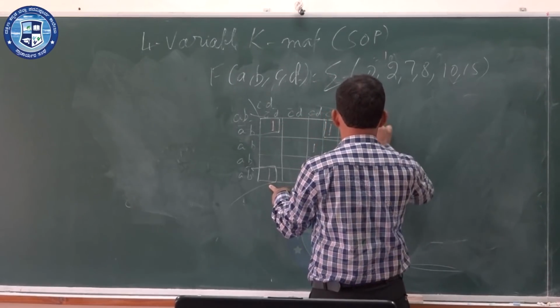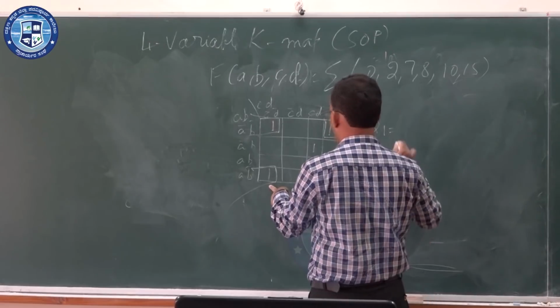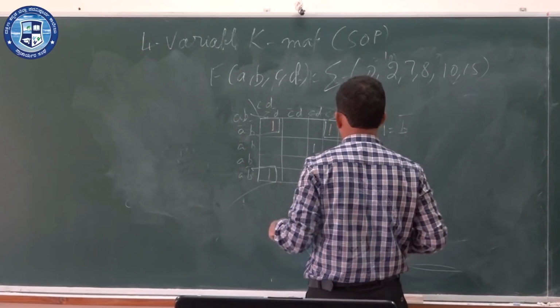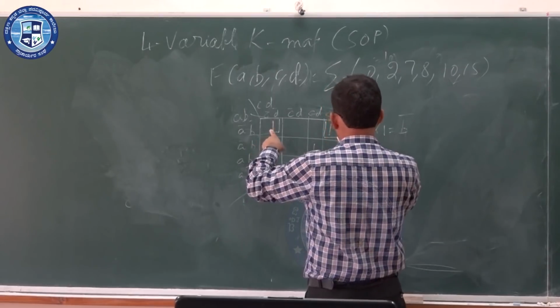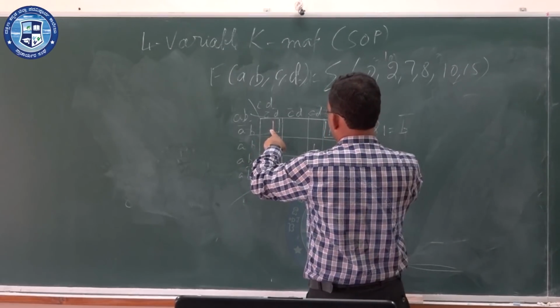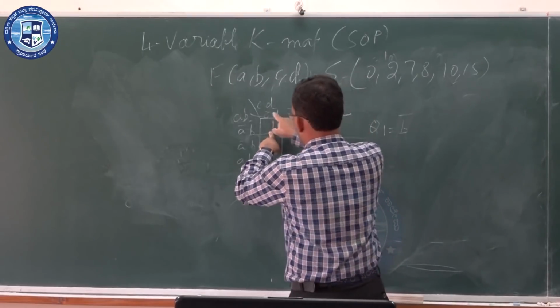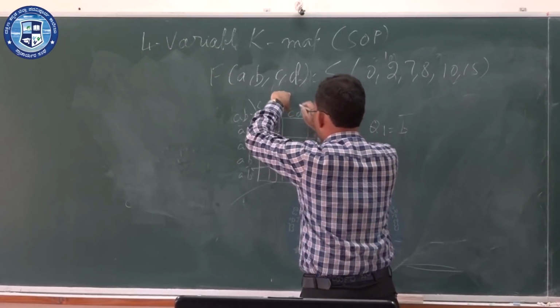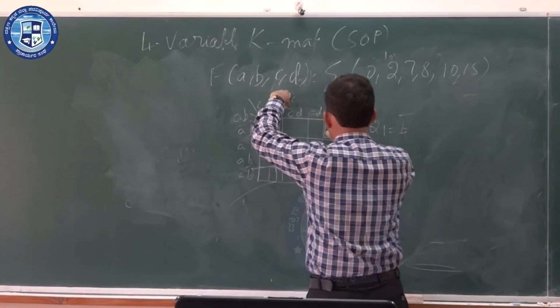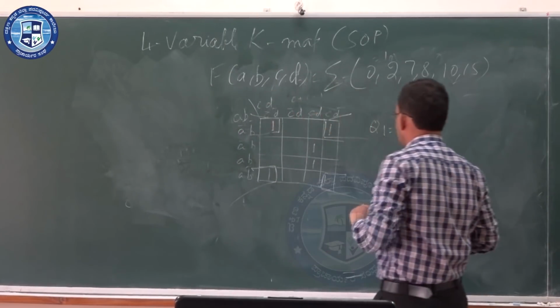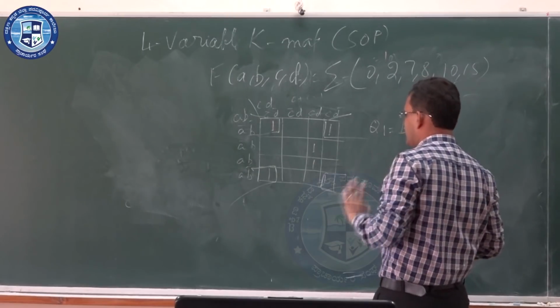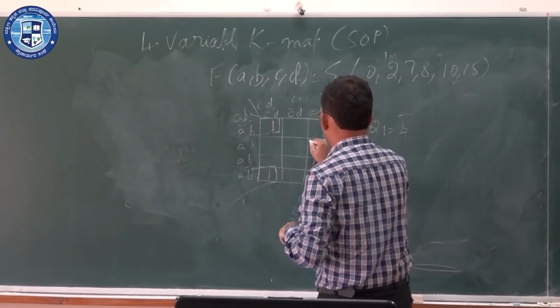The answer for the first quad will be B bar, because everything else gets cancelled: C bar D bar, C bar D, C D and C D bar. C bar plus C is equal to 1. So, B bar dot 1 is equal to B bar. Next I have 1 pair.